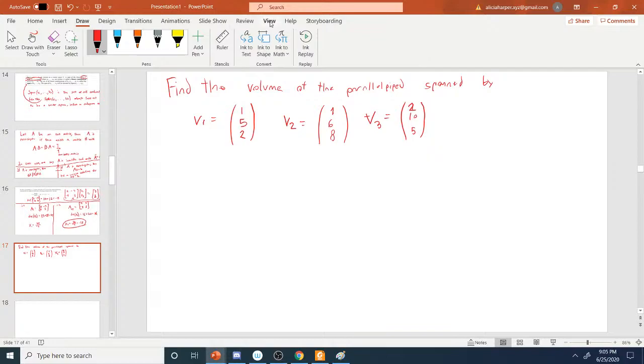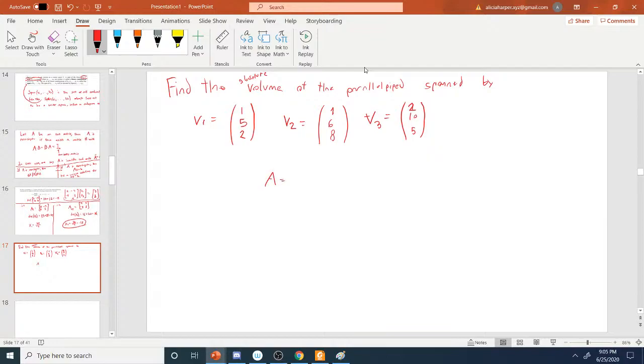I'm going to stipulate that I want the absolute volume. By the absolute volume, what I mean is not the oriented volume, but the absolute value of the oriented volume. So in order to compute this volume, I'm going to take these 3 vectors and arrange them into a matrix.